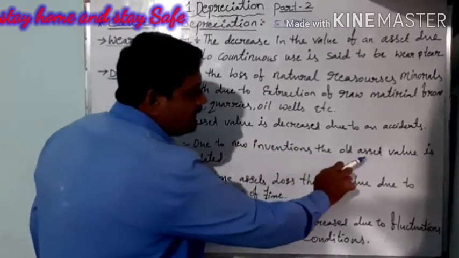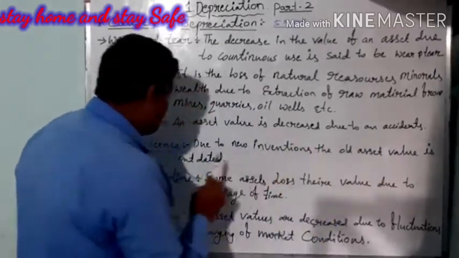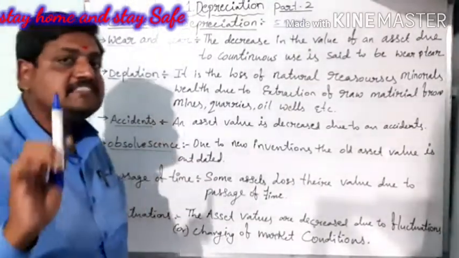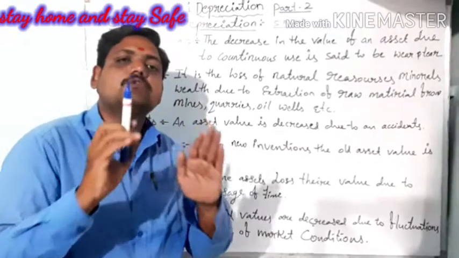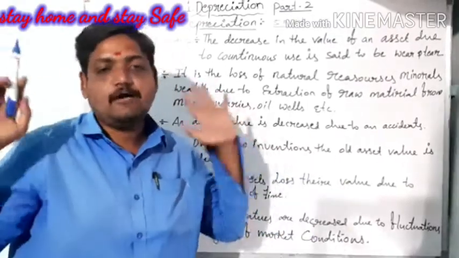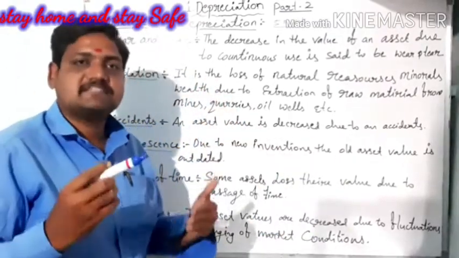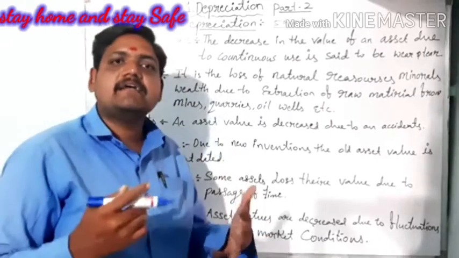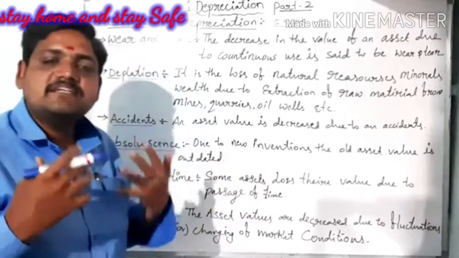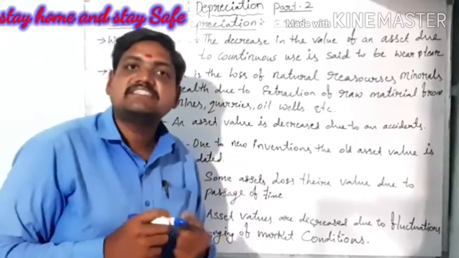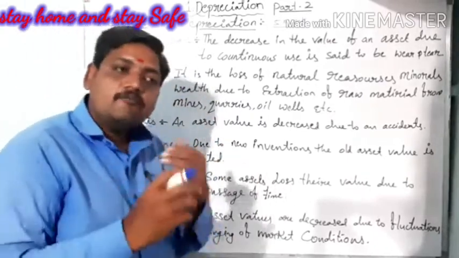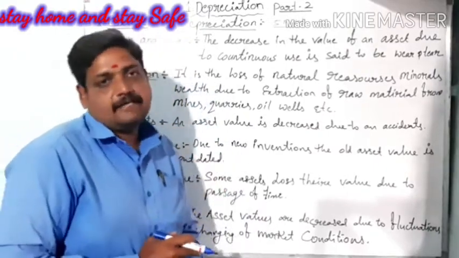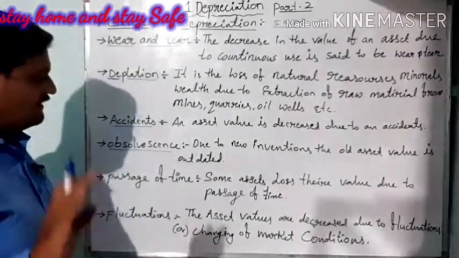Okay, old asset value is outdated. No one is going to use that outdated technology. Everyone tries to purchase a new technology. Why? Because in the modern market, all the business merchants try to earn more and more profits. At that moment, everyone tries to use robotic technology. So that is the major cause.